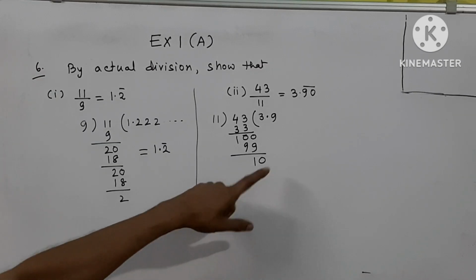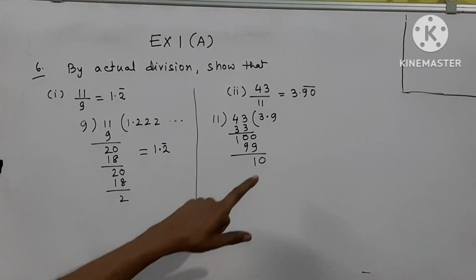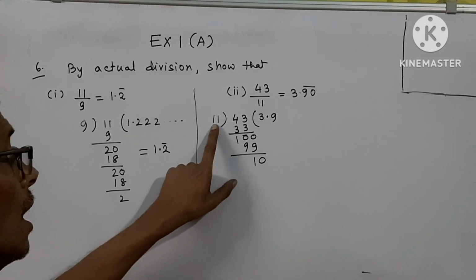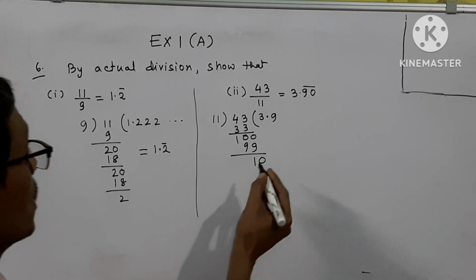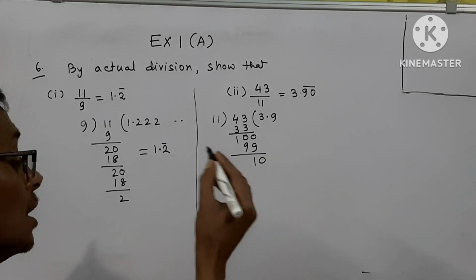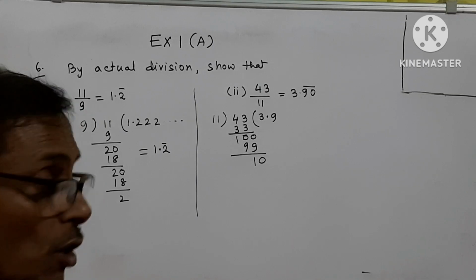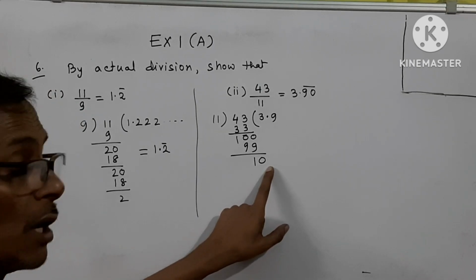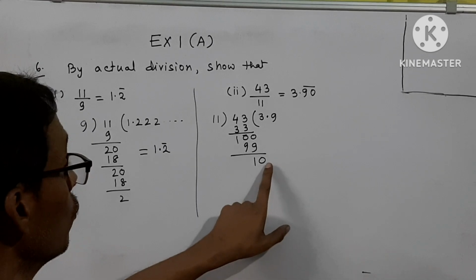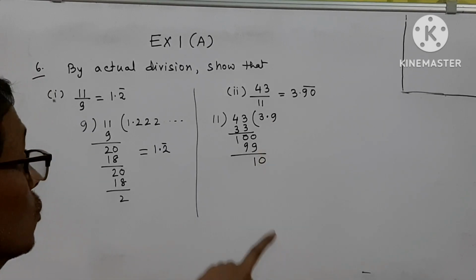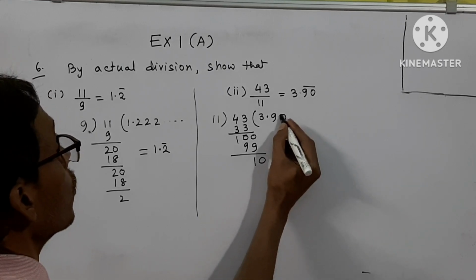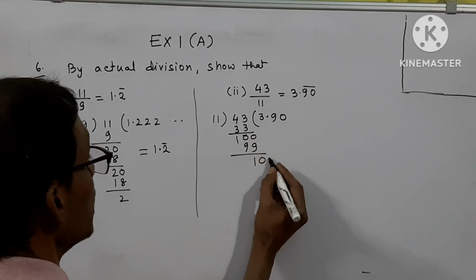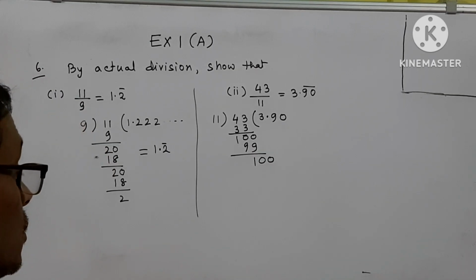So it becomes 10. But still 10 is not divisible by 11. So you have to bring one more 0, but you cannot bring 2 zeros. You are only allowed to bring 1 zero because the decimal is there. So if you have to put one more 0 here, first you have to put 0 in the quotient, then you can put another 0 below.